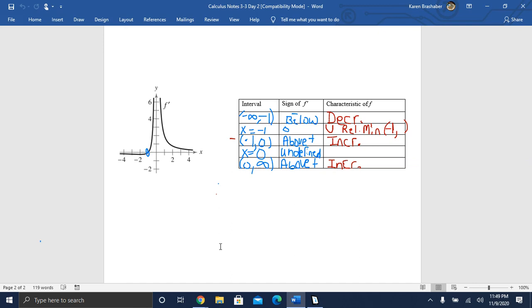And so this undefined, we know that we could either have a vertical asymptote going on, or the graph just goes vertical there.